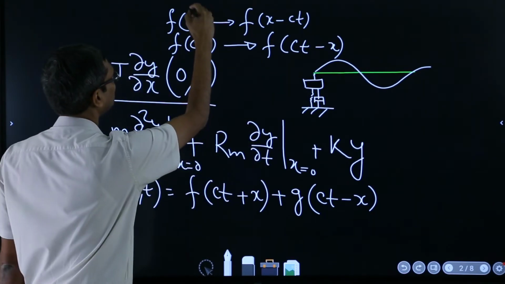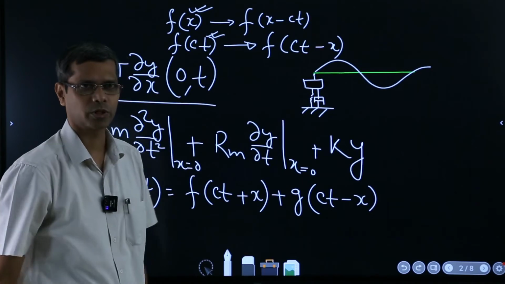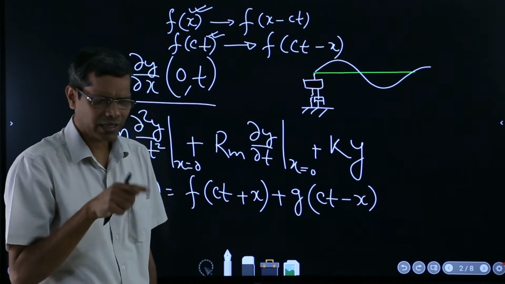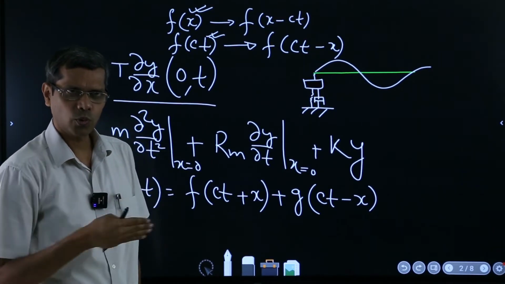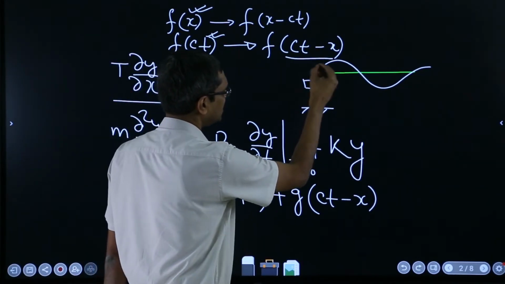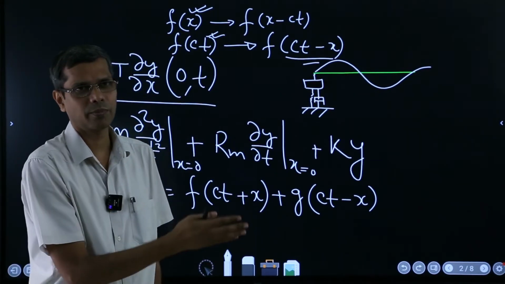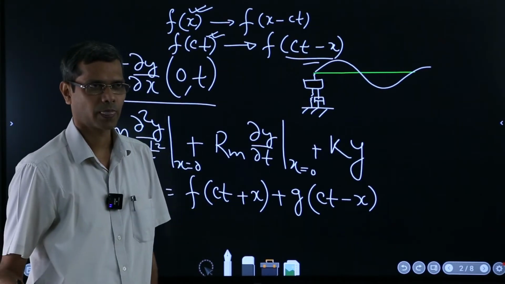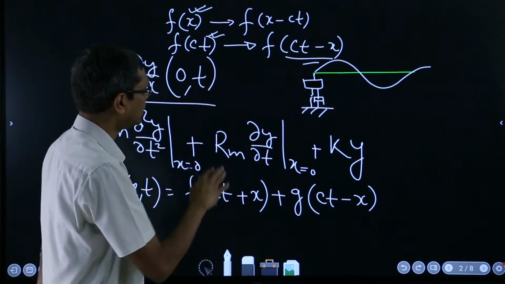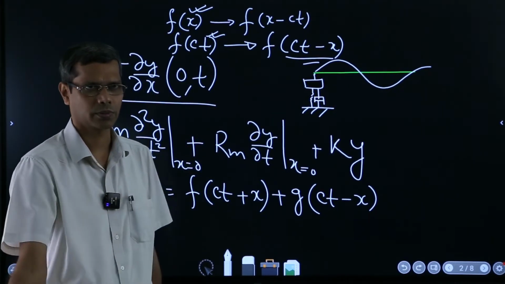So this is the snaps perspective, this is the person standing at x equal to 0 perspective, and whatever he is seeing there, it moves with respect to space also. So by just changing like this, you can express the same wave moving. Okay. So that is how it is generated. This trick you can always use. In fact, we will be using this many times in future.